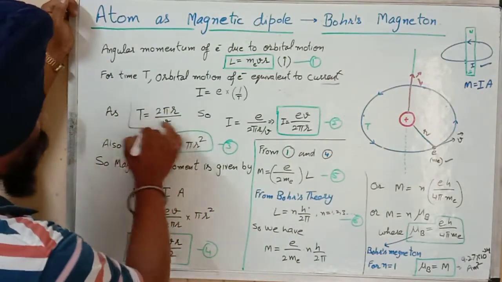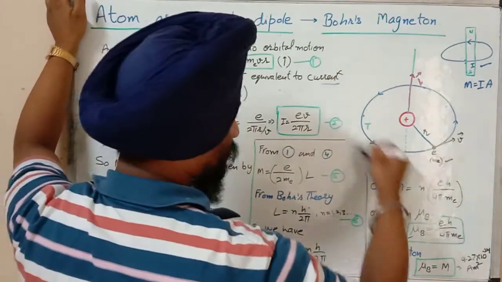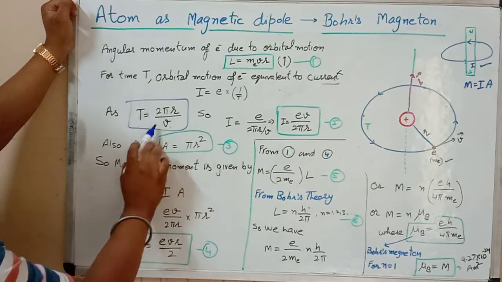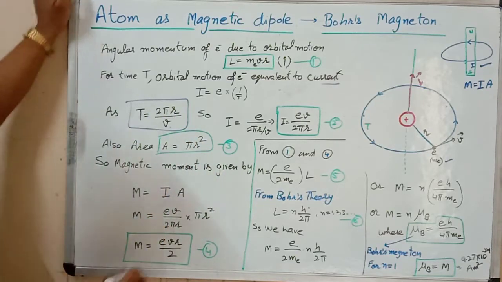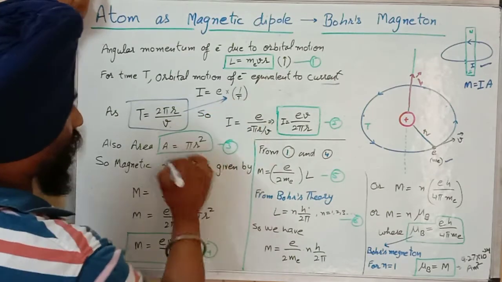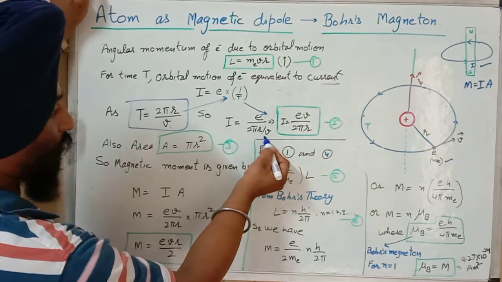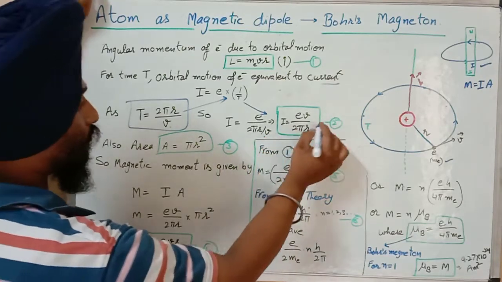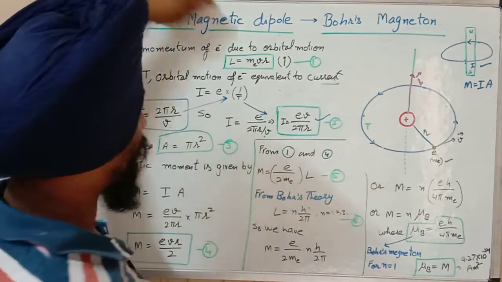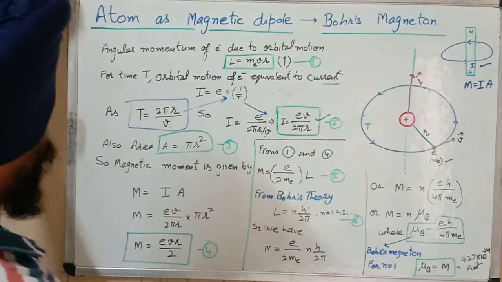Also T is given by the total circumference upon velocity, that is 2 pi r upon v. So by putting this value here we get I equal to ev upon 2 pi r. Let it be equation number 1 and this is equation number 2.